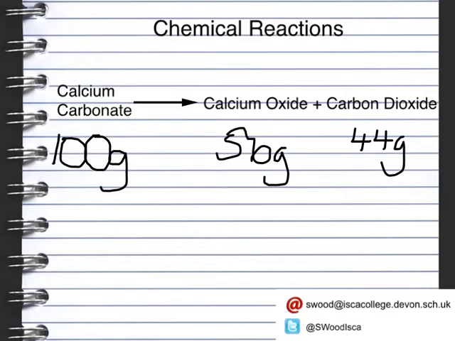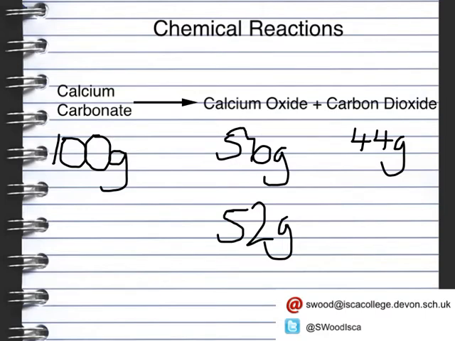Now in reality what we might end up with is, from the 100 grams that we start with, we might end up with something like 52 grams of calcium oxide. Now the likelihood of that is because not all of the calcium carbonate is decomposed.